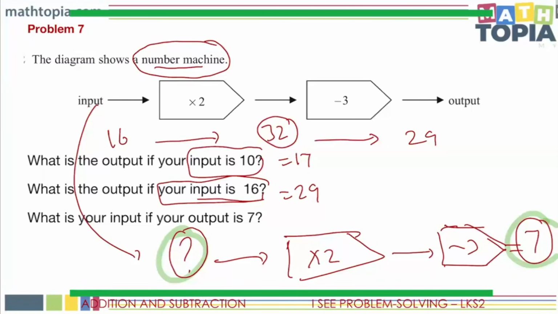I am going to put 9 here. Double 9 is what? 18. And take away 3. No, that's not working, but that's a good try. Let's try a different number. 9 in this case doesn't work, so that's okay.